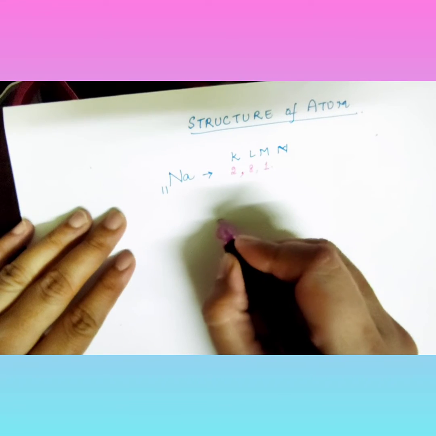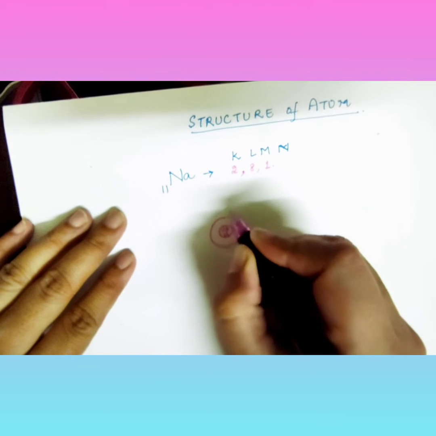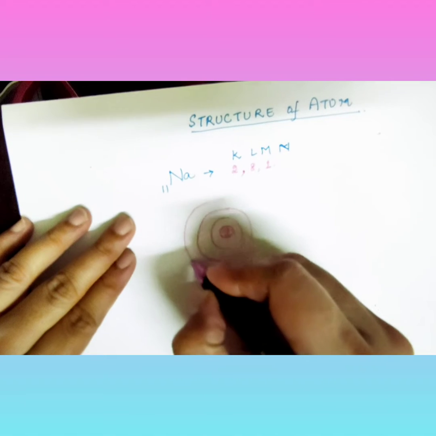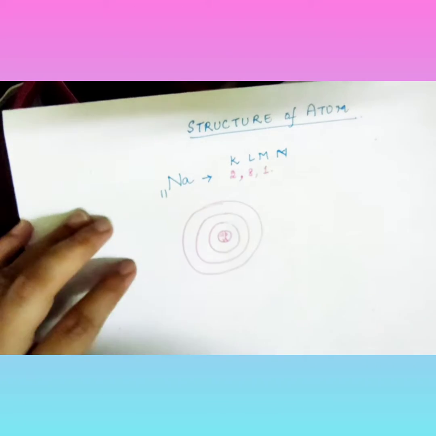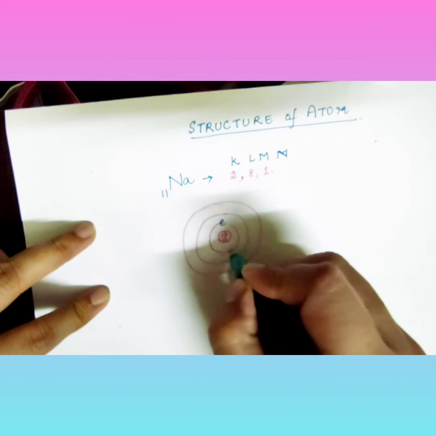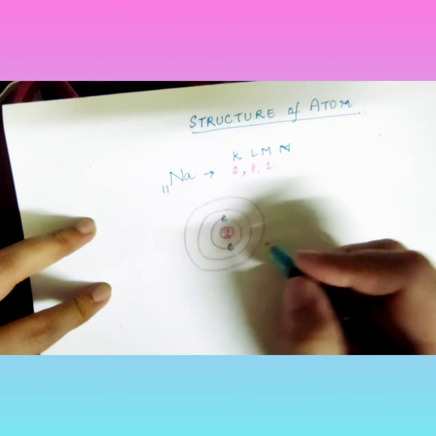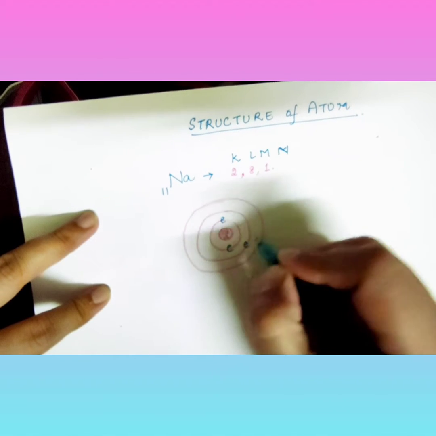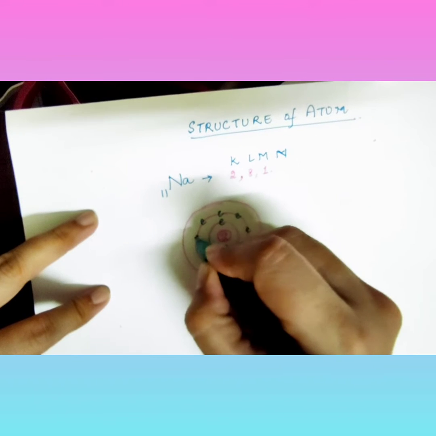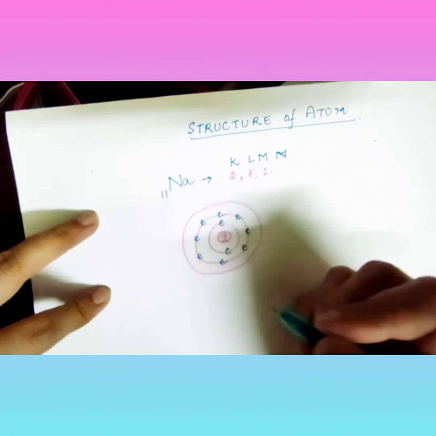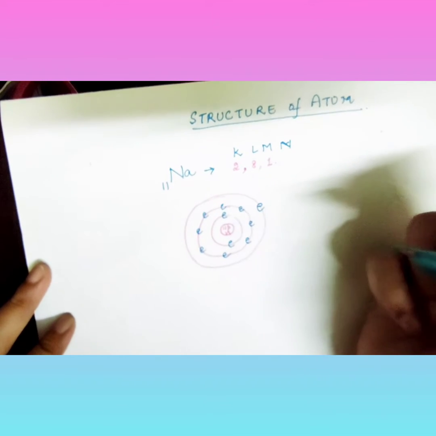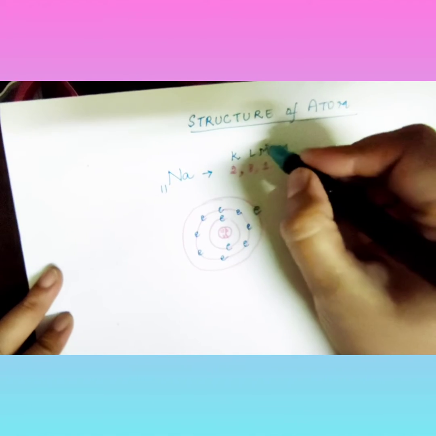Okay, outside this we have K shell, we have L shell, and there is the M. Okay, now we will be filling the electrons. 2 electrons in the K shell, 8 electrons in the L, 1, 2, 3, 4, 5, 6, 7 and 8 electrons, and the last remaining electron goes to the outermost shell, that is M shell.